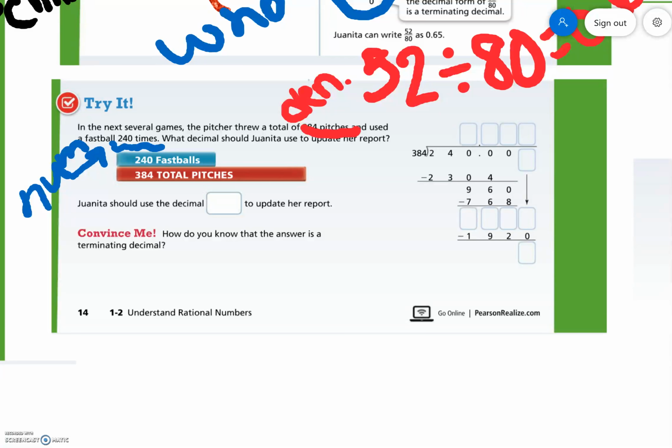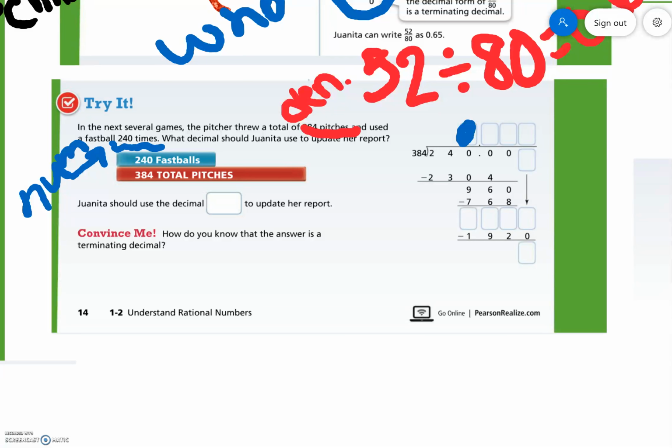So first, we know 384 doesn't go into 2, so we skip. 384 doesn't go into 24, so we skip. 384 does not go into 240, so that is going to be a 0. We're going to skip next to the next one. 384 goes into 2,400.